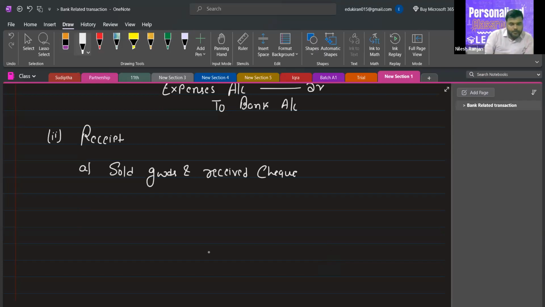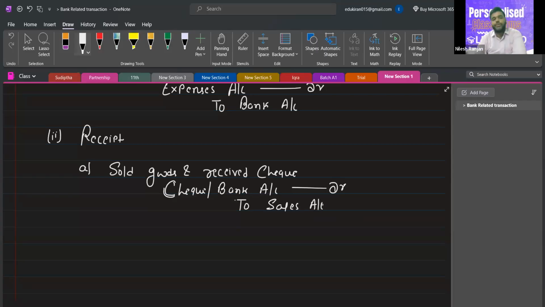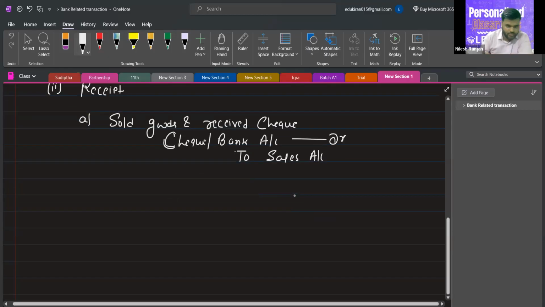Actually, the entry will be check or bank account. You have to see the whole portion before writing check or bank. We will discuss this, but let me complete all the transactions first.